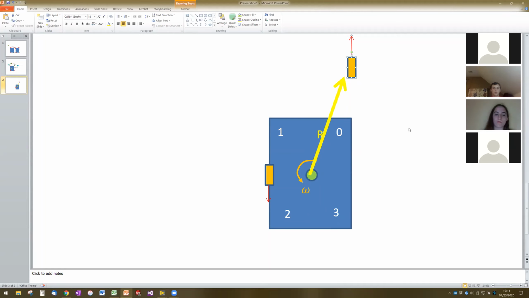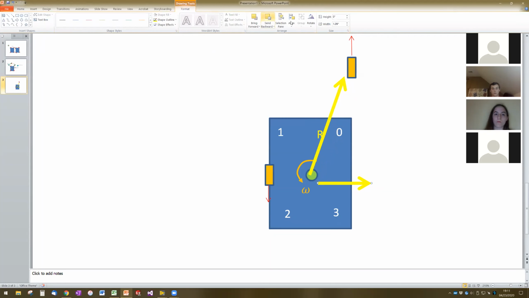No, exactly, we're not. Because the portion of the radius vector that matters is the part that is perpendicular to the velocity vector. It's this part right here.